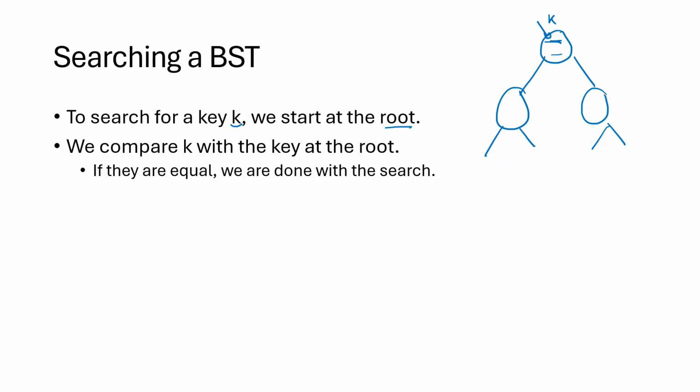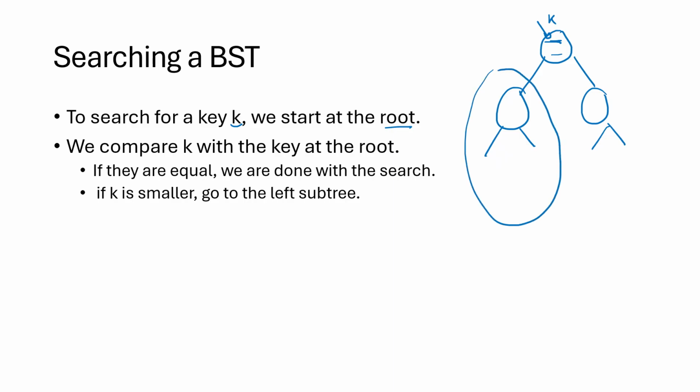If it is less than, then we know that because this is a binary search tree, all the less than values must be on the left side. So what we do is we go to the left subtree and start over, which means a recursive call.